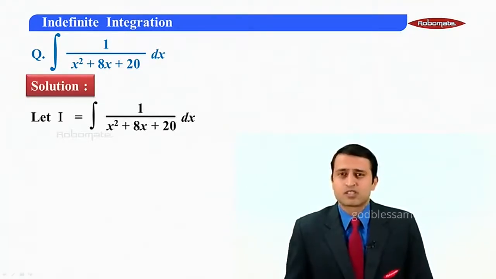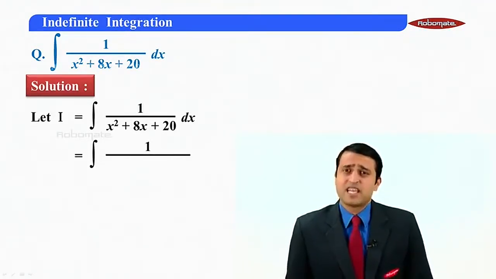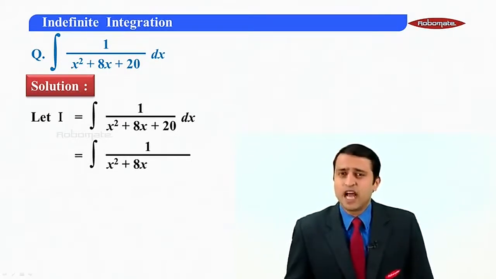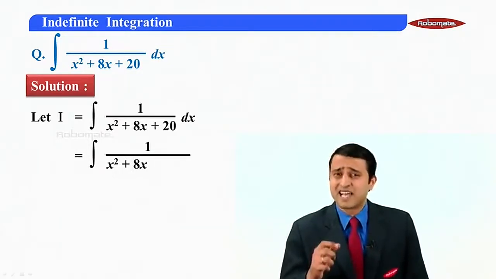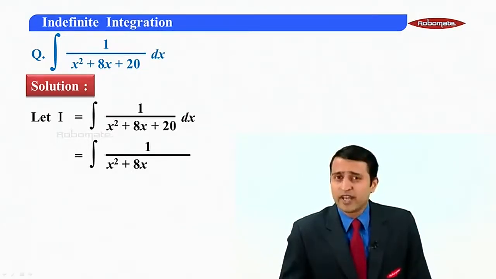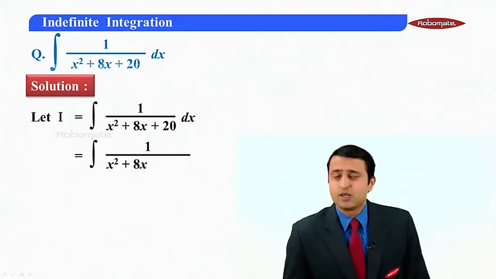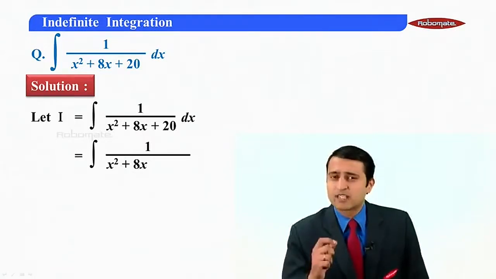Now my dear students, the first step we can write integral 1 upon x square plus 8x. Now if I write 20, I will not be able to express the denominator in the form desired. To convert x square plus 8x to a perfect square, I need to add and subtract some number.